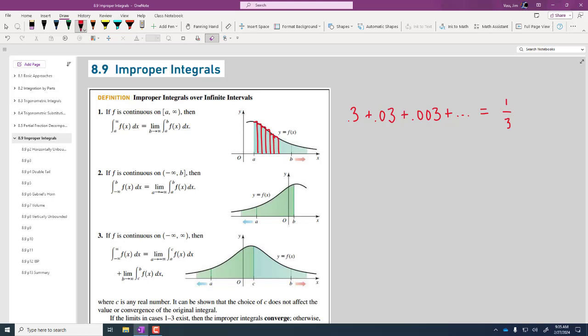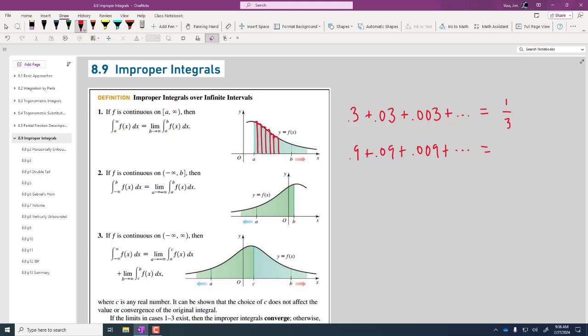You think of all those repeating decimals, those are infinite sums. Those are adding 0.9 plus 0.09 plus and so on. You're adding an infinite collection of positive numbers. Every single number there is positive, and you're getting a finite result.